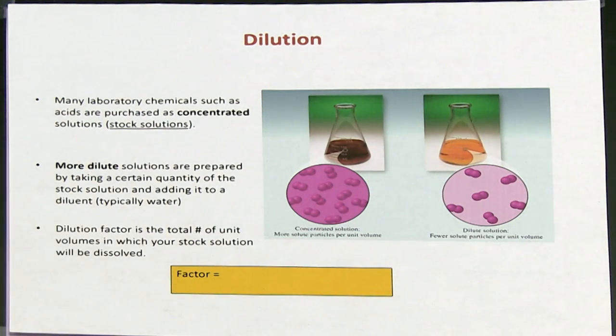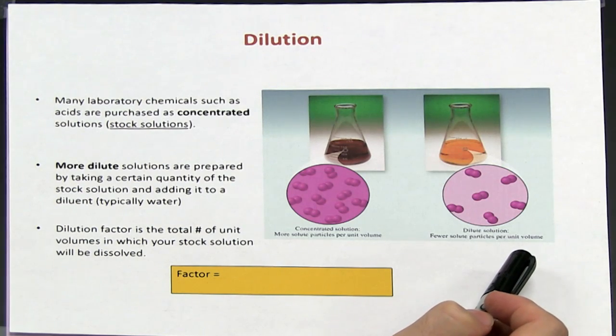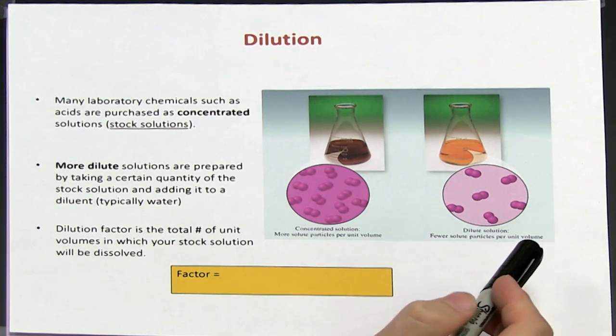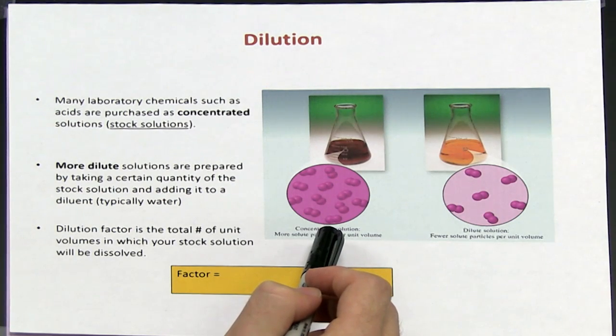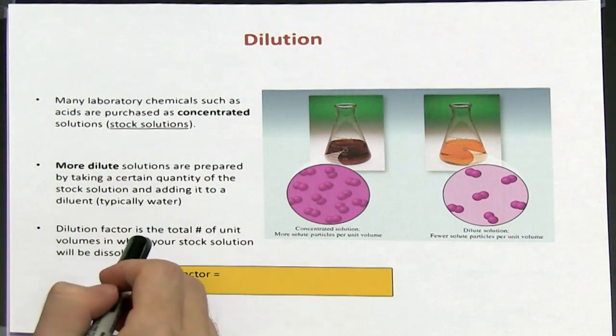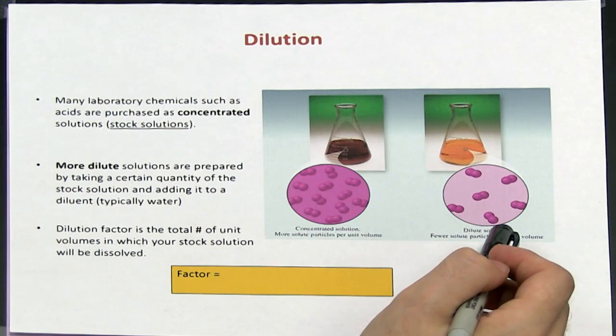However, when working with these solutions, we typically want to dilute them down such that there are fewer solute particles per unit volume. So this idea of a dilution is taking the concentrated or stock solution and adding it to a diluent, typically that's water, and then using the diluted solution.